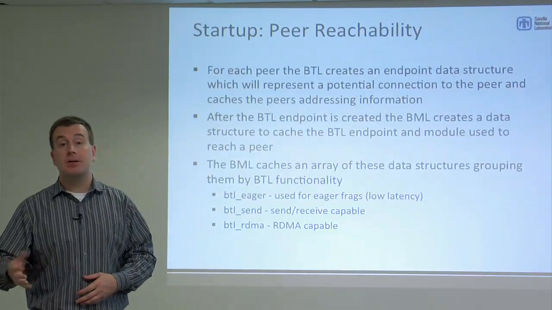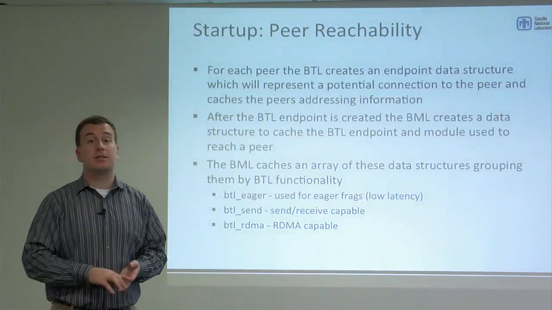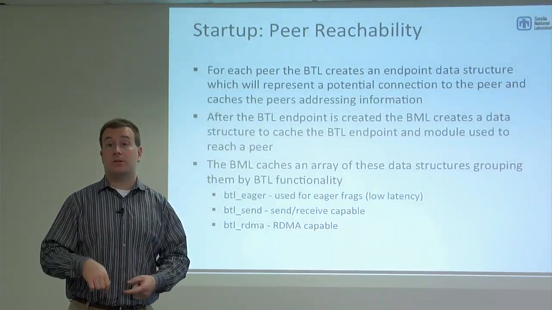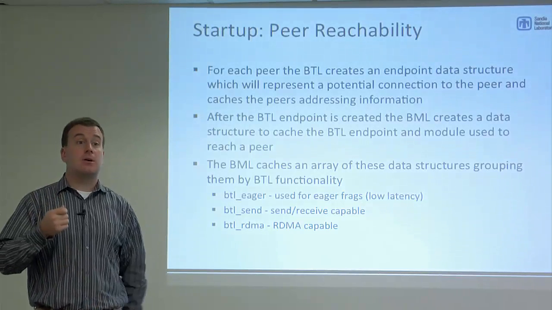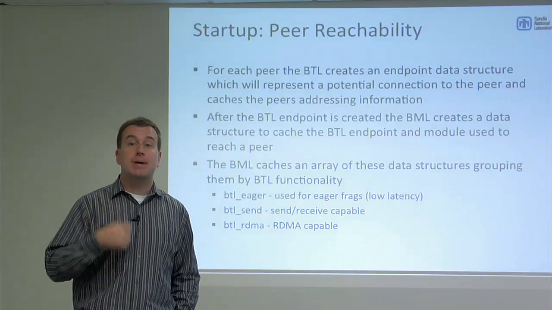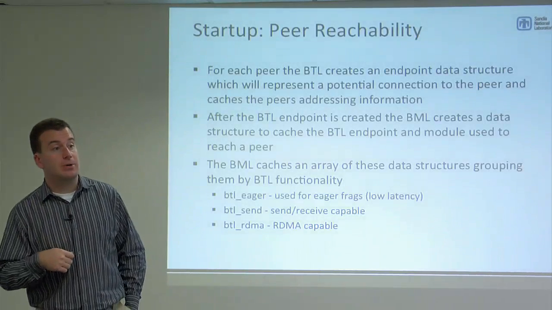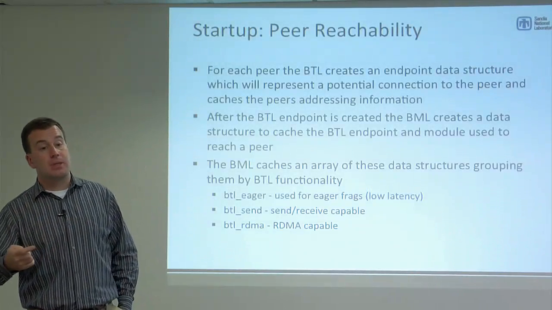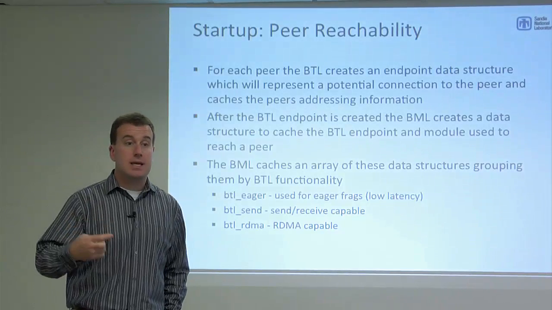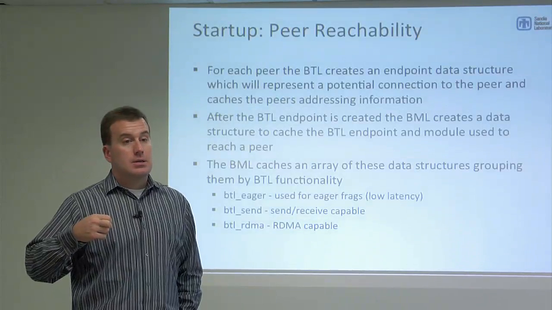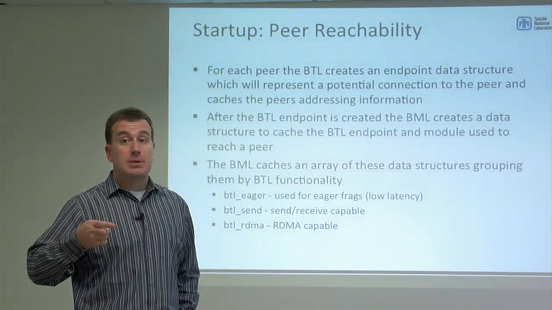And as part of that, while I'm saying, yeah, sure, I can talk to that, I say, here's an opaque endpoint structure pointer that I want you to pass back to me every time that you talk to it. Right? So this is one of those places where caching kind of becomes important.